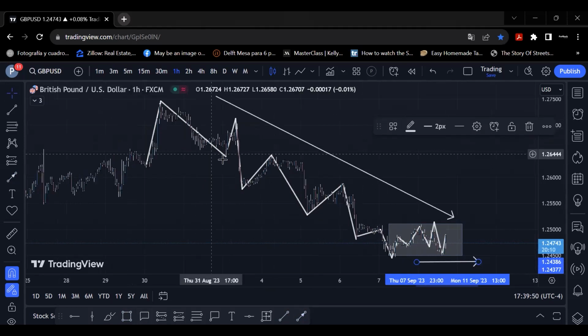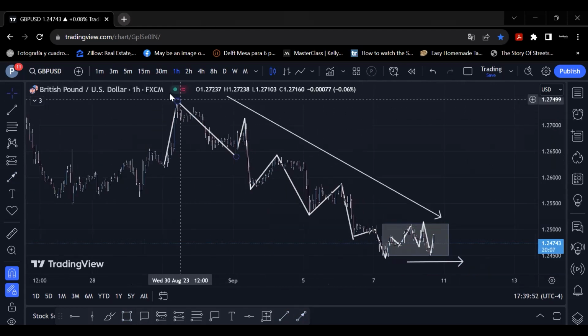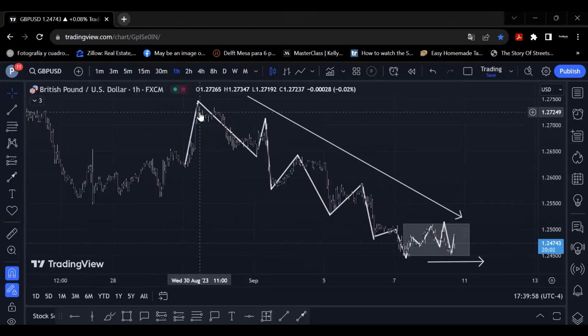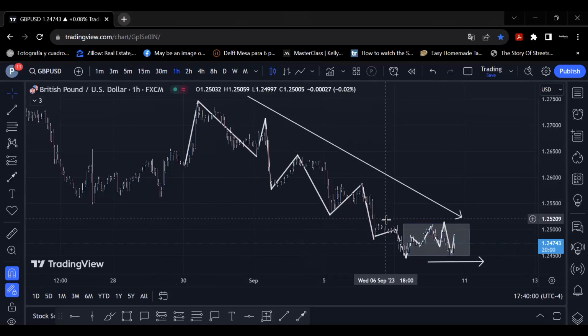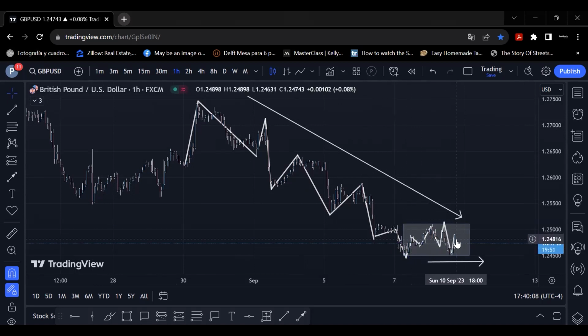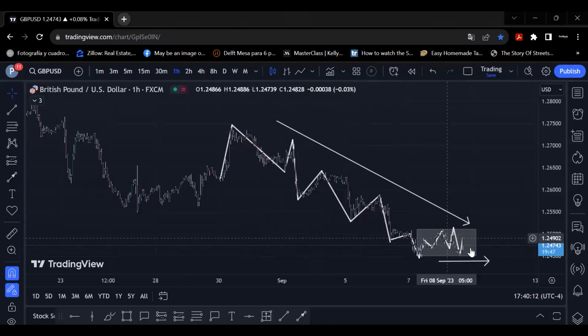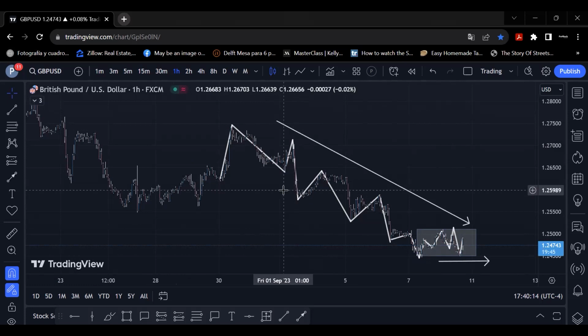So right off the bat, we can identify how GBP/USD, the British pound and US dollar, has been trading downwards from Wednesday through Thursday. On Thursday morning, we started consolidating throughout Thursday morning and all of Friday. So we have a downtrend and consolidation.